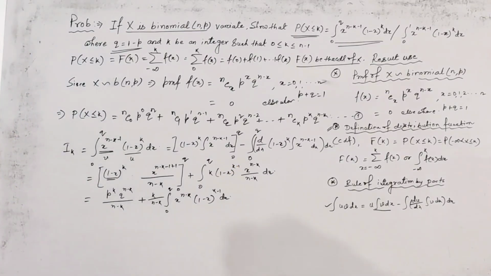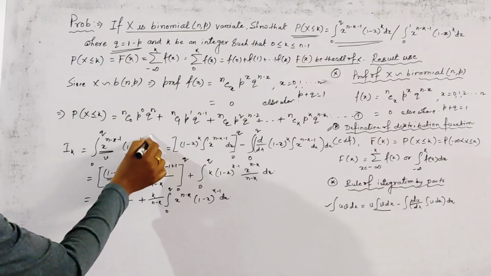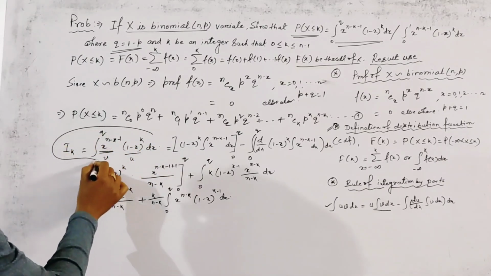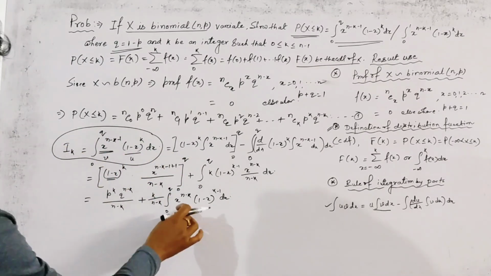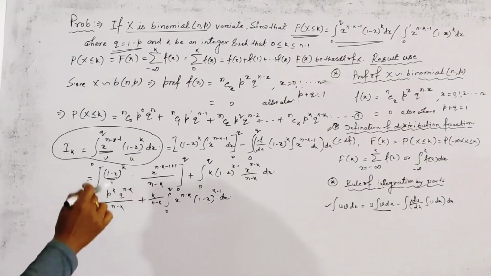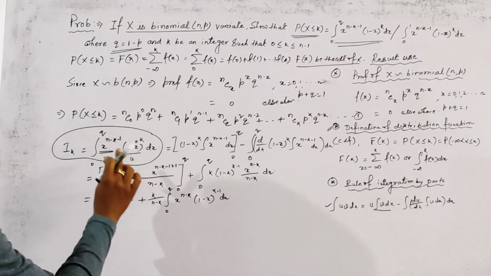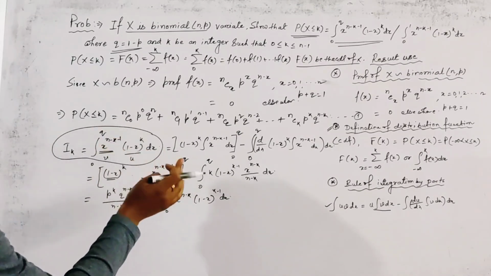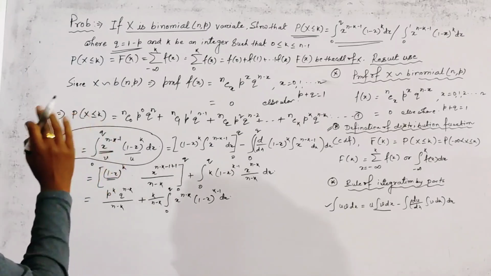Now if we compare this integration with the starting integration, it is clear that here we put k minus 1 in place of k.